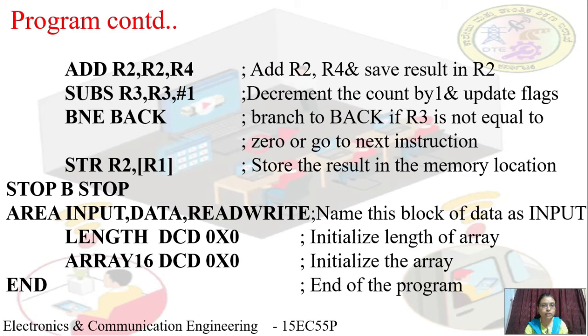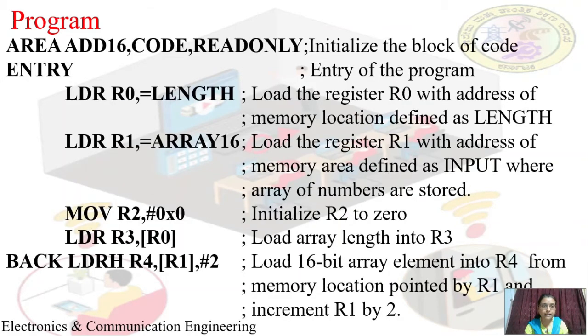If it is not equal to 0, it will come back to the label back, where again it goes to LDRH R4, and the next value is taken into the register R4. Right.